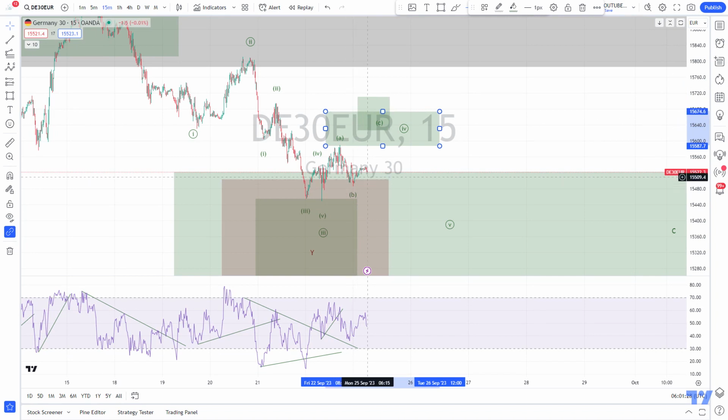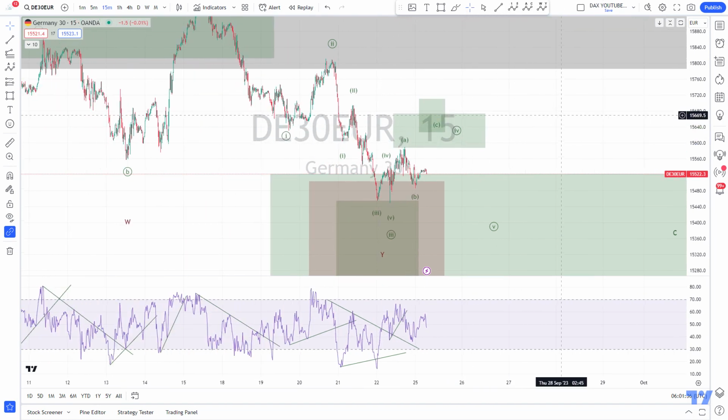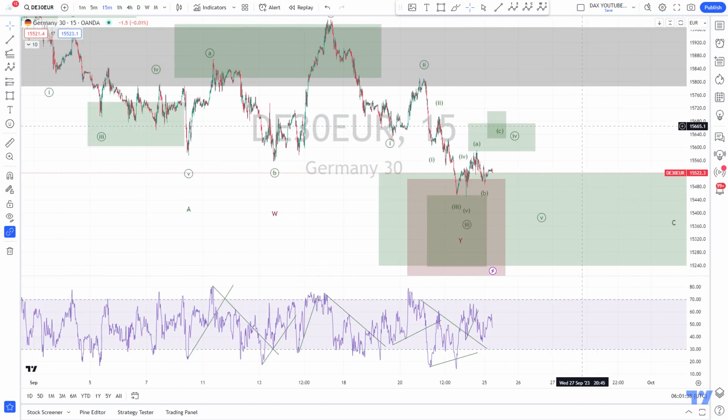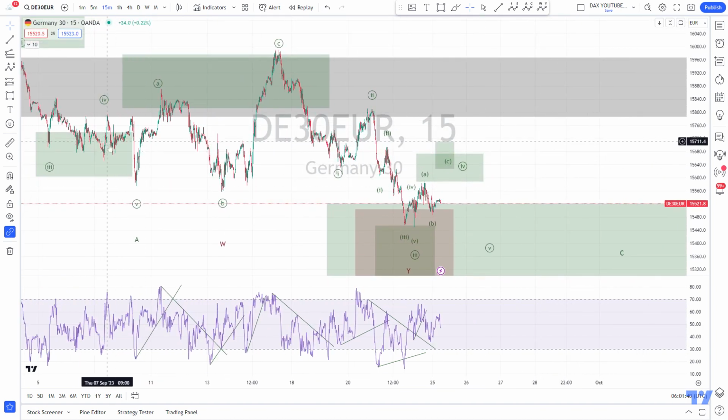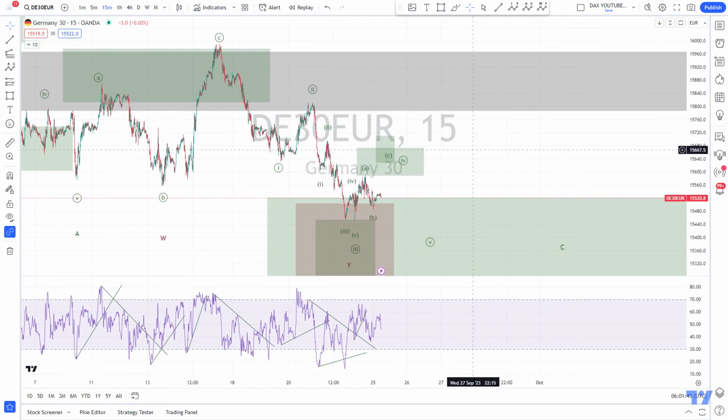Now, if we take out this area here, then it looks like we will have the WXY structure here, and then this can actually be the beginning of a new impulse, be it as an impulse of a correction that is finished.